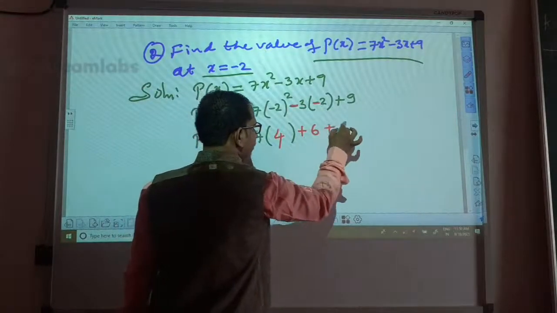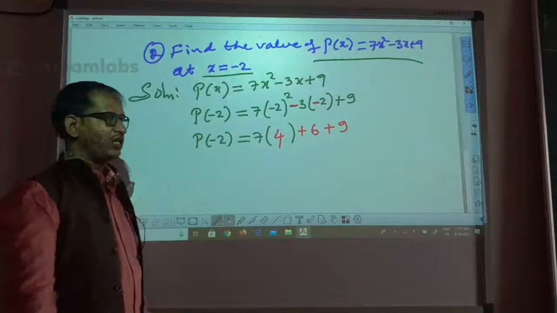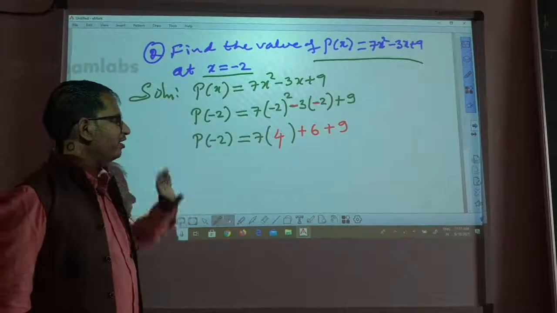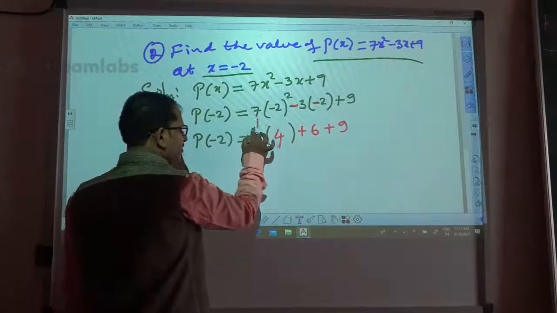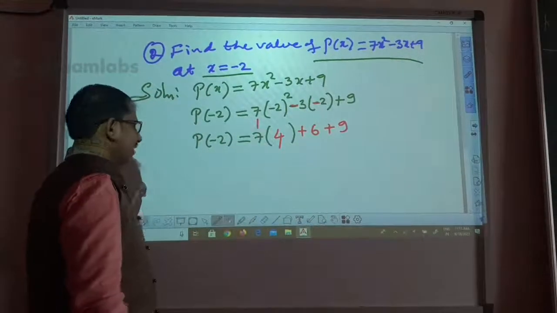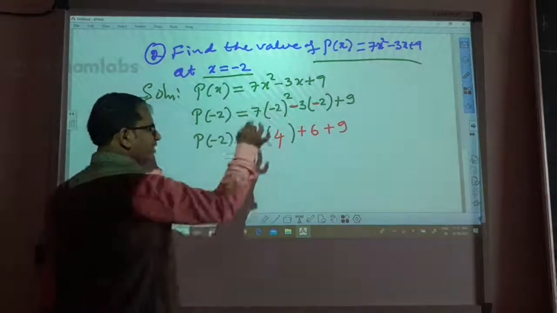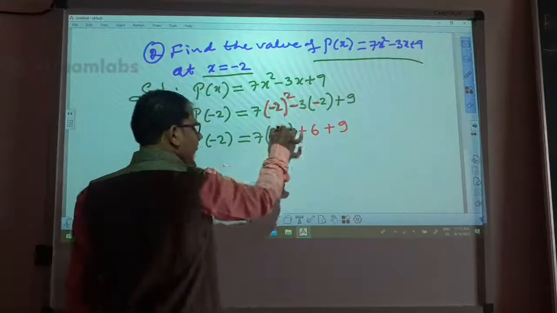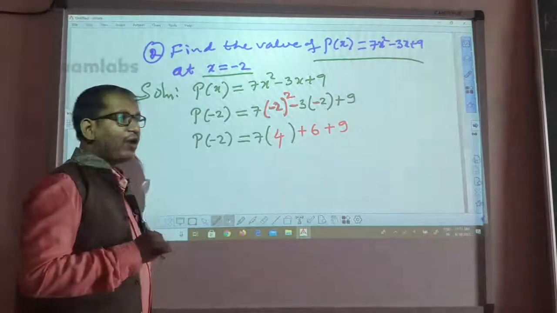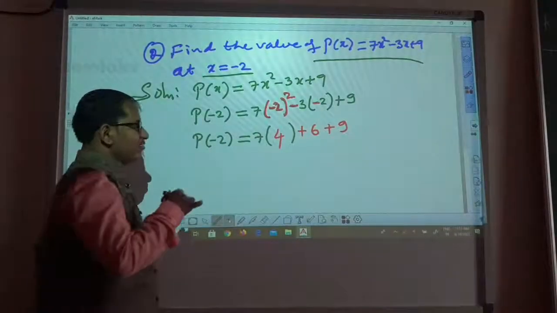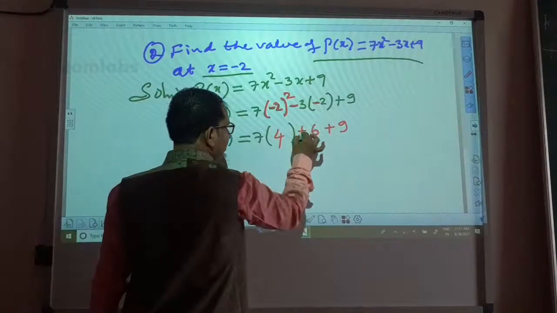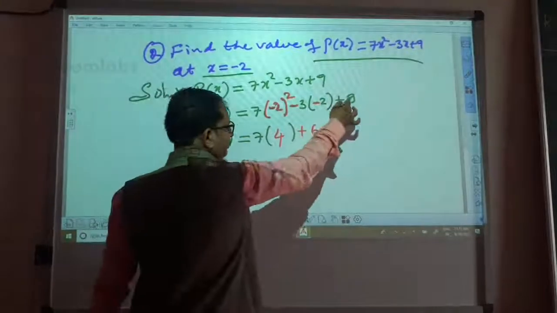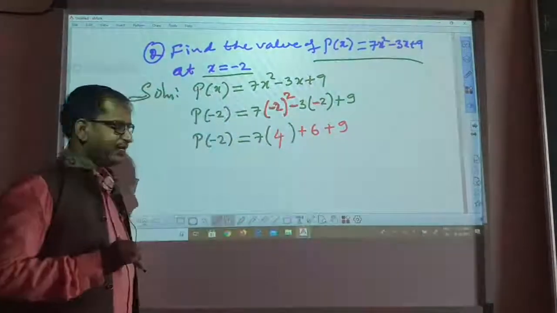This is the plus, so write this plus also. Once again I am going to explain the step here. Here 7 is 7 only, right? Minus 2 whole square is equal to 4. Why? Minus 2 into minus 2 is plus 4. Minus into minus is plus, 3 twos are 6. Then this plus 9 is as it is written here.